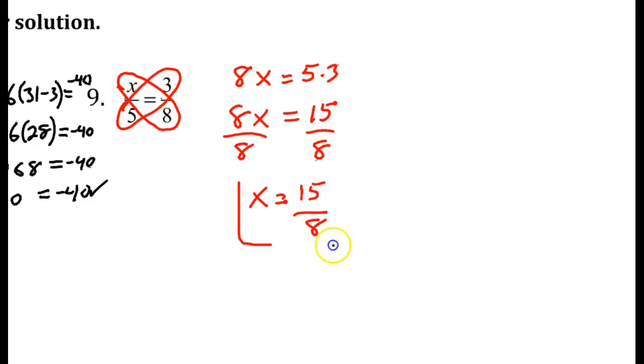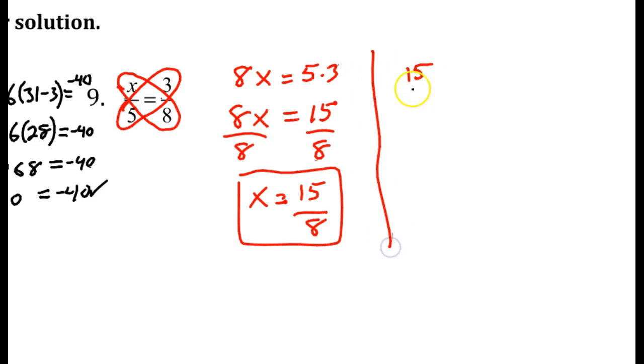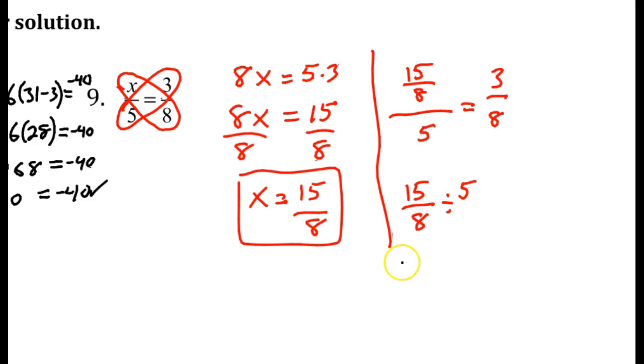Now if we do a check, we have to do 15 over 8 divided by 5 should be equal to 3 over 8. So let's just simplify the left-hand side. I'm going to rewrite this with a division sign.